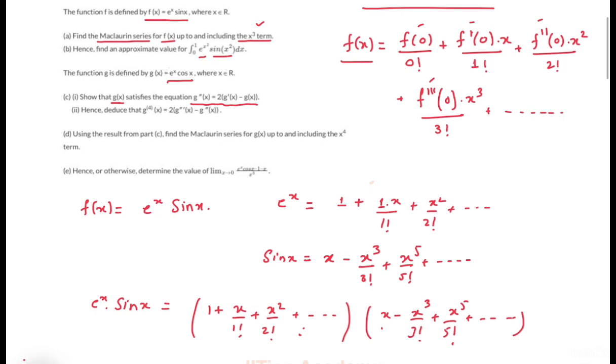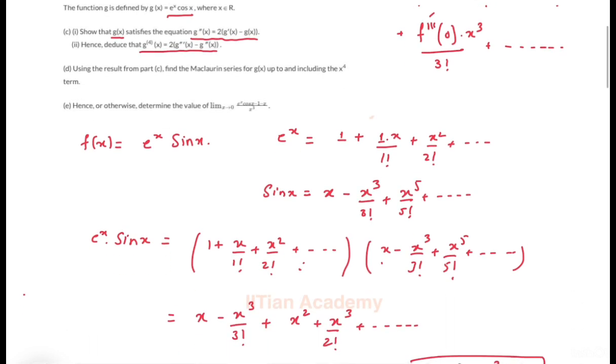So this is what we needed to prove in the second part of C. Now in the D part, using the result from part C, we have to identify the Maclaurin series for g(x).